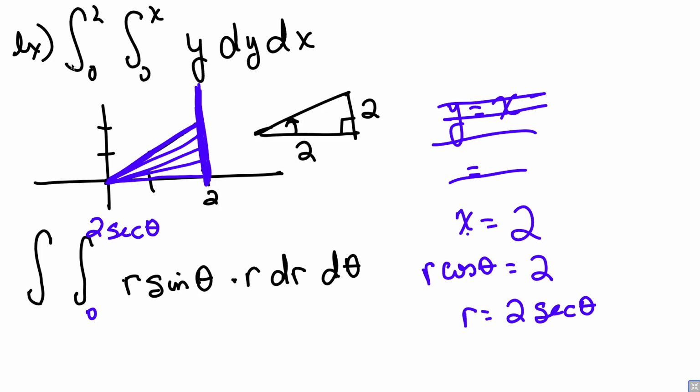What's going to be the measure of the two acute angles? Pi over 4, 45 degrees. So we're going to end up going from 0 to pi over 4 as far as theta is concerned.